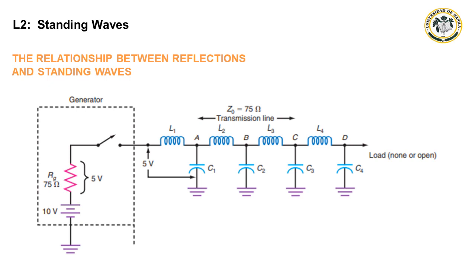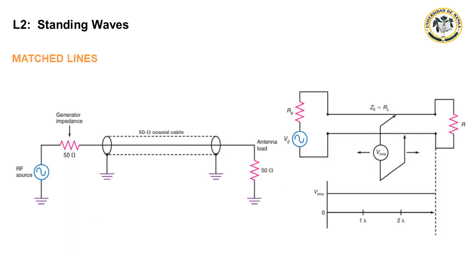If the line is terminated in a resistive load equal to the characteristic impedance of the line, the sine wave signal is fully absorbed by the load. Hence, no reflection occurs. Ideally, a transmission line should be terminated in a load that has a resistive impedance equal to the characteristic impedance of the line.